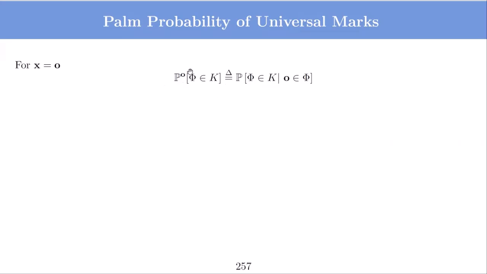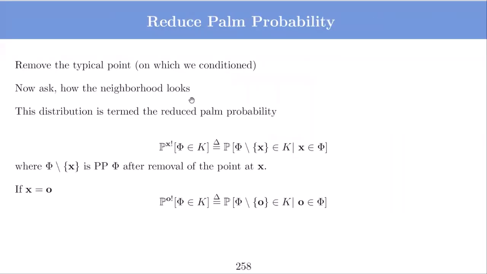What is the probability that phi has property K? If it's a stationary point process, it will not depend on x, so you can take x anywhere, so you can just take the origin.